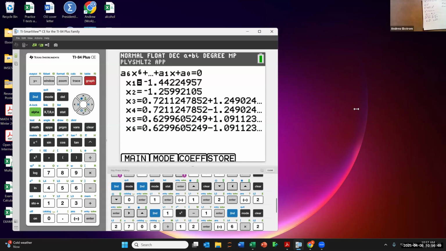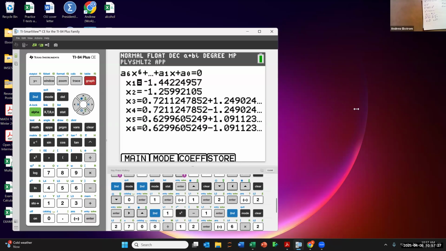So if this was, say, a problem on the homework or on the exam, say like cube root of 2, cube root of 3, 0.721 plus 1.25i, 0.721 minus 1.25i, 0.63 plus 1.1i, 0.63 minus 1.1i.